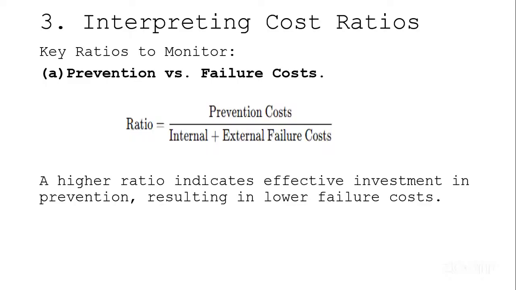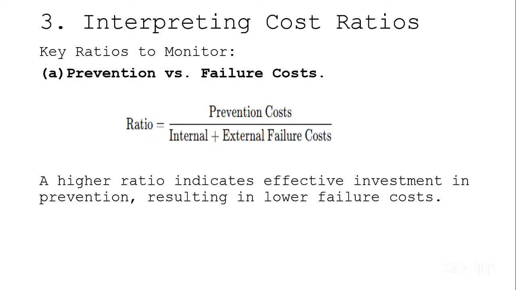I said prevention costs, those are costs that you are putting in before errors can occur. So in short, they are preventive costs. But on the other side, we have failure costs that are arising from failures. Okay.